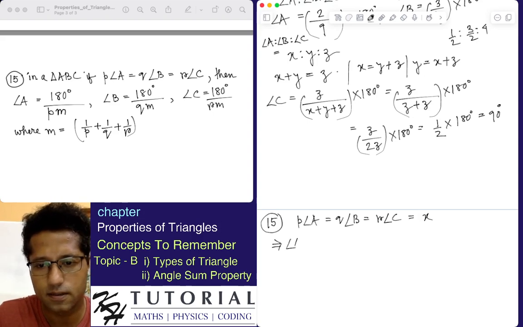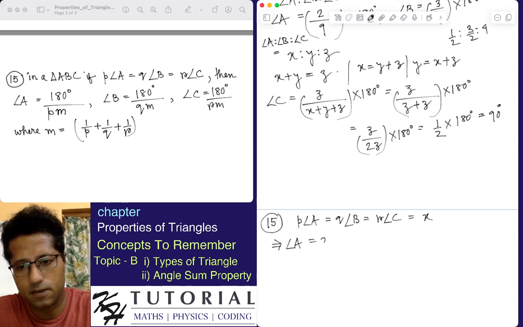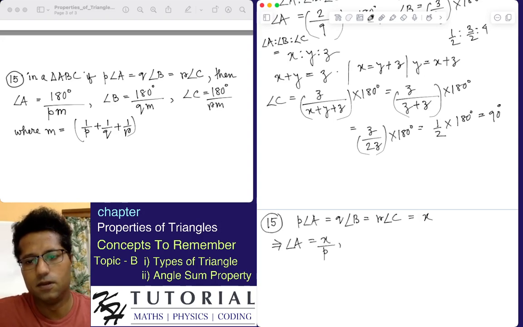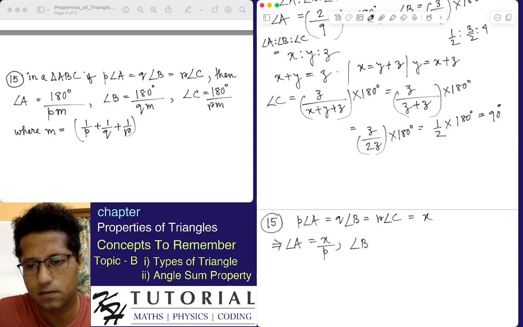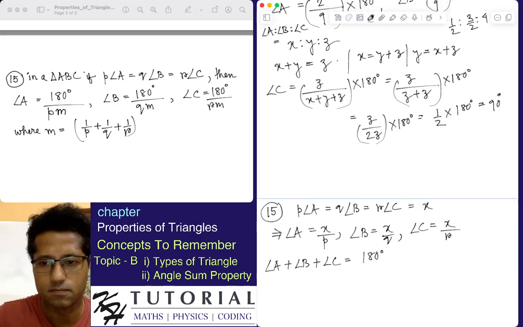Now this implies P times A is equal to X. I will get angle A equals X by P. Similarly, I will get angle B equals X by Q, and angle C equals X by R. Now we know that angle A plus angle B plus angle C should be equal to 180 degree from the angle sum property.